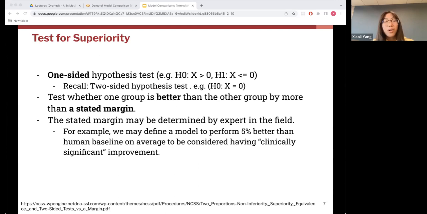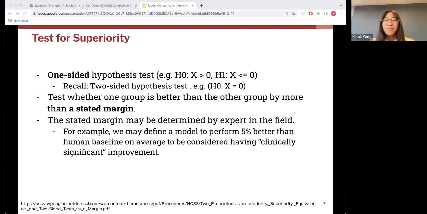So the reason why we have this stated margin is that we need to not only ensure our result has statistical significance, we also want it to have clinical significance. So we manually set a stated margin to say that we need our model to perform better than this much, so that we have a significant result in real life.